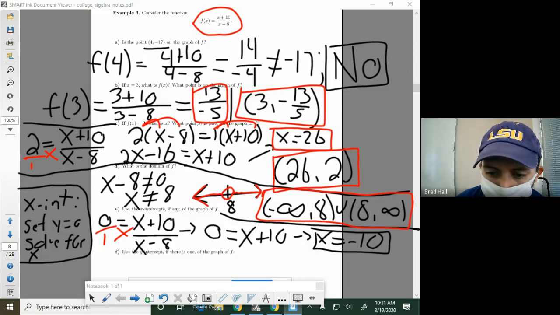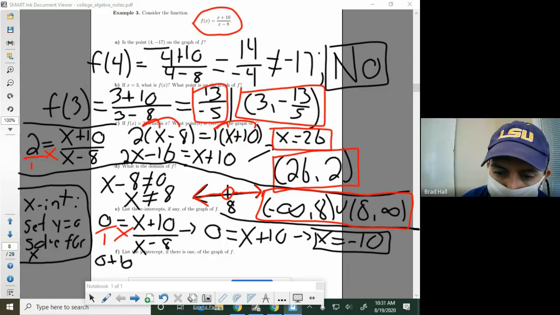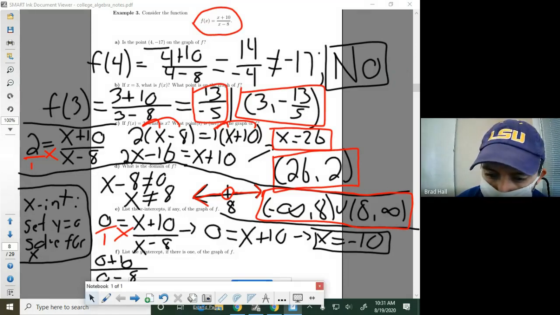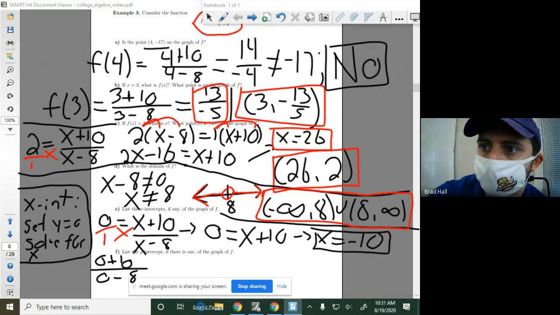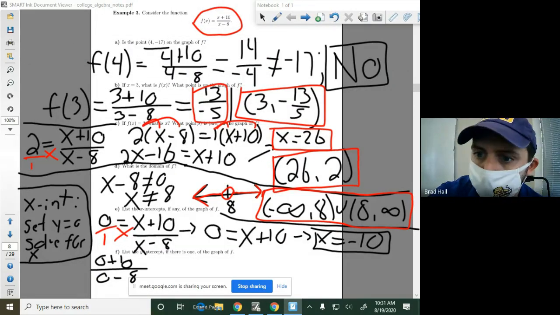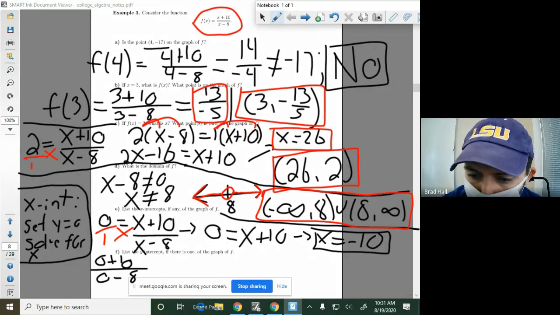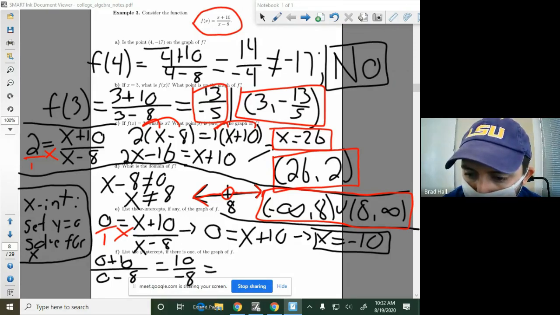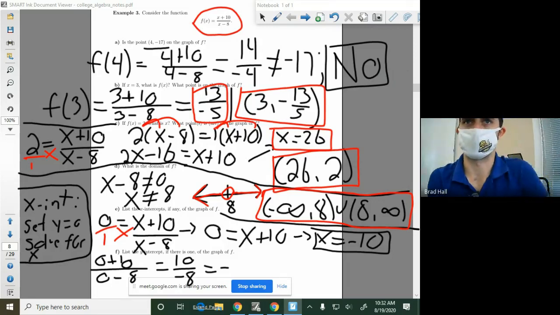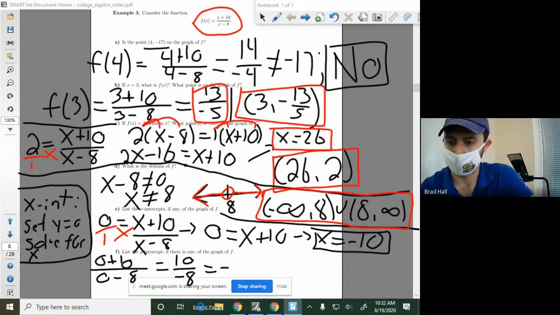So we would end up having 0 plus 10 over 0 minus 8, which is just 10 over negative 8. I'm pretty sure they make you put a simplified fraction at that. So what is that, negative 5 over 4?